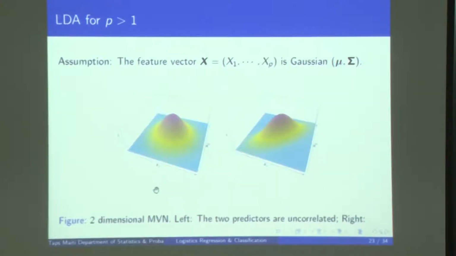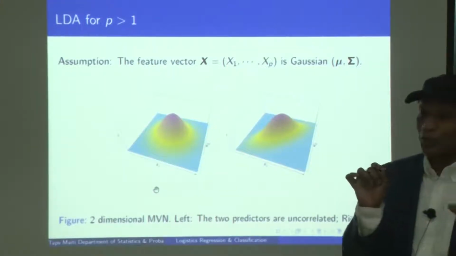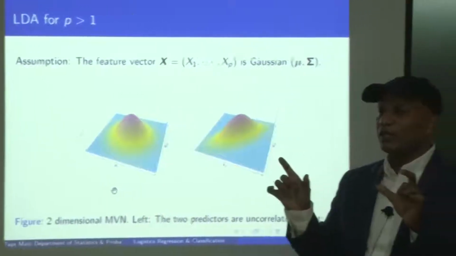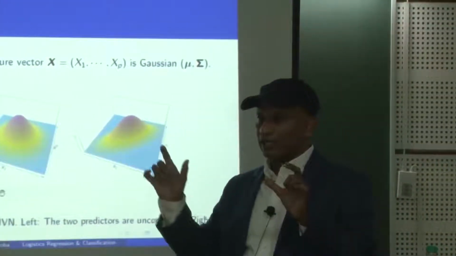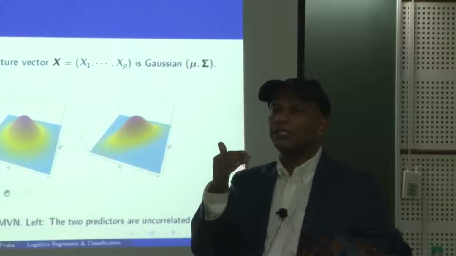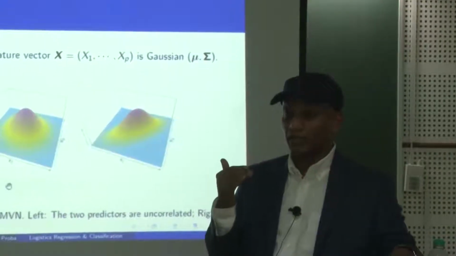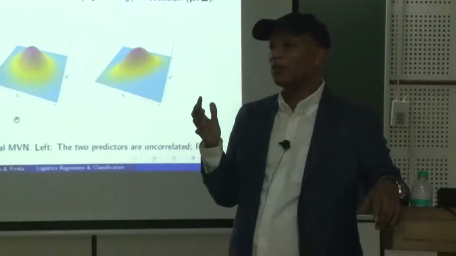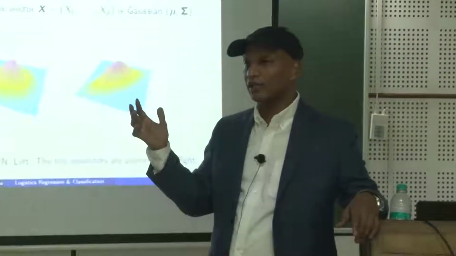For example, say one feature is ranging from 10 to 20 and another feature is ranging from 200 to 210.